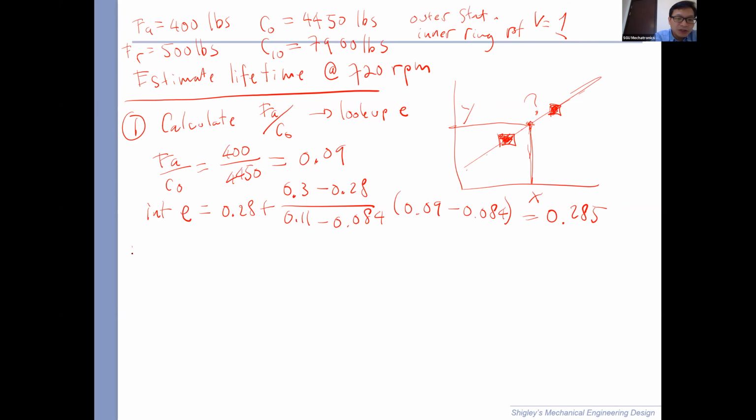Whether you will interpolate or not kind of depends. Sometimes you know for sure, like what we'll do in step 2, whether it's going to be greater or less than E, so don't bother. The second step, you calculate FA divided by V FR. In a sense, this is like a ratio: how big is this axial load compared to FR?